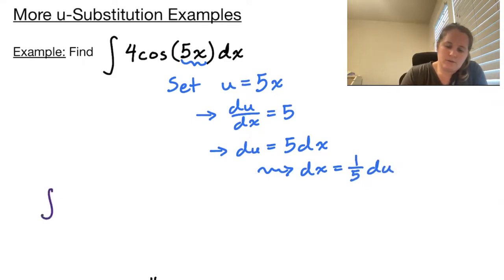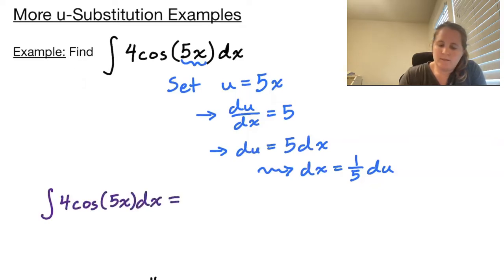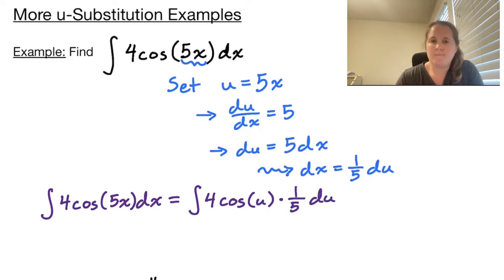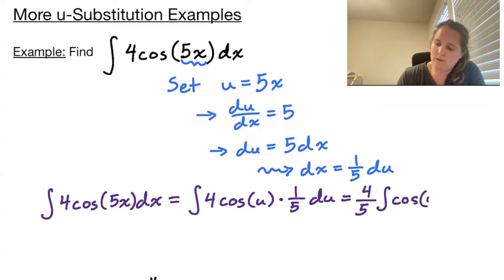So the integral of 4 cosine of 5x dx is the same thing as the integral of 4 cosine of u times 1/5 du, or 4/5 times the integral of cosine of u du.